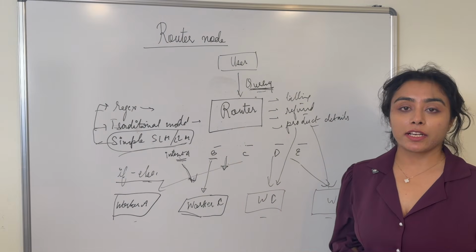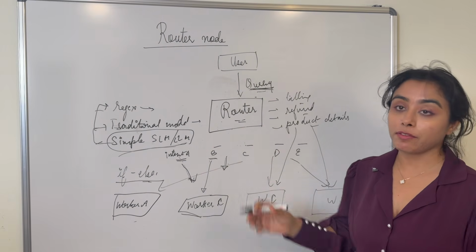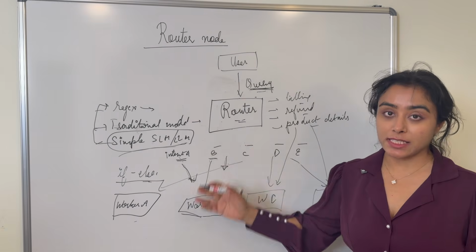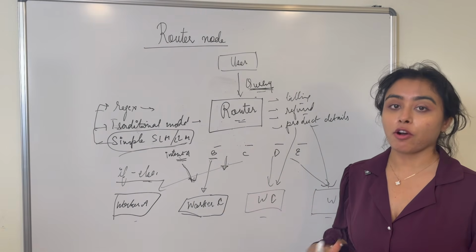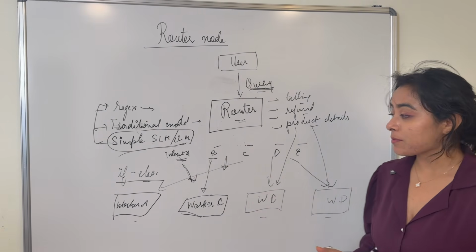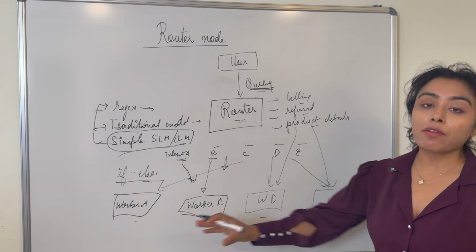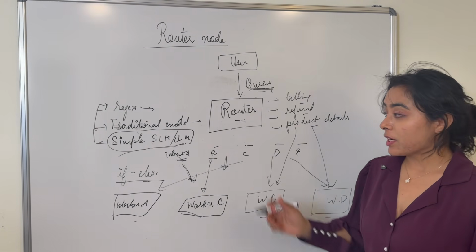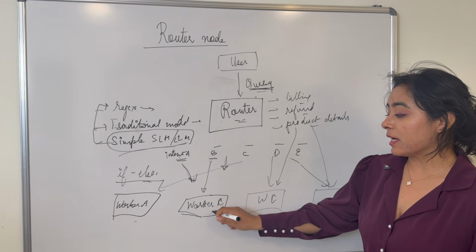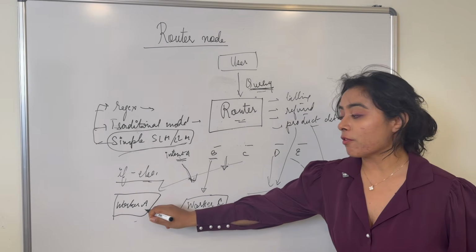What if there are incorrect predictions by the router? What if it incorrectly assigns the query to one of these intents or labels? So we have a way to handle that error. It's handled at the level of the agents.